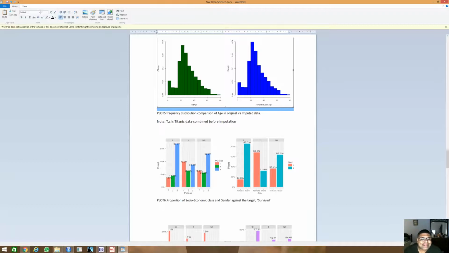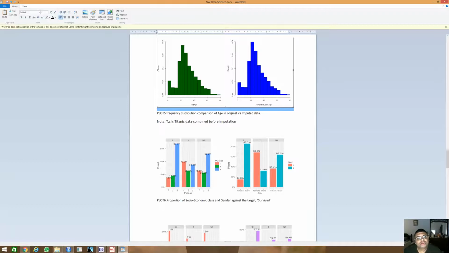Looking at the bar charts, you must notice that the NAs available here are actually because of the test data within the combined data set.